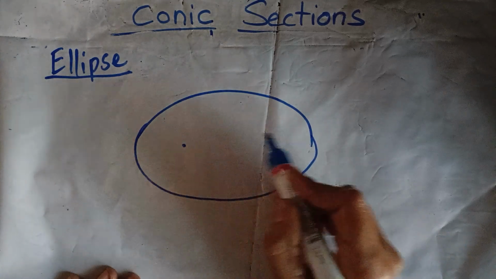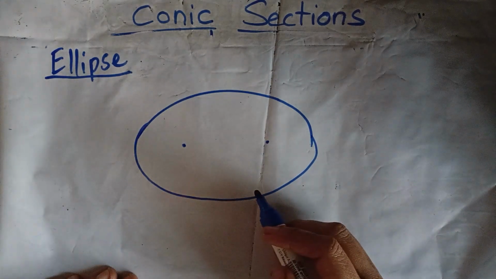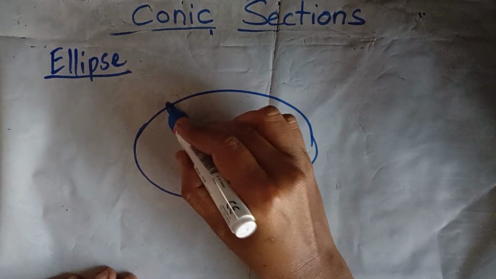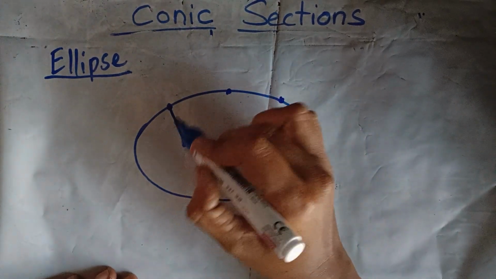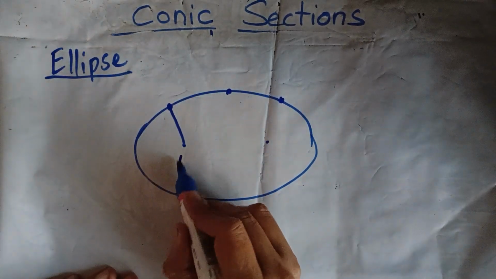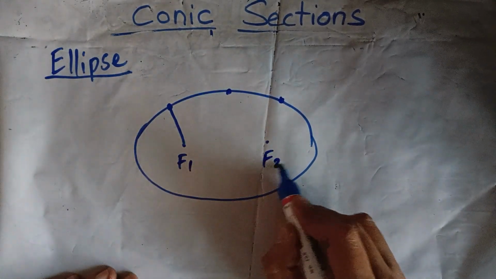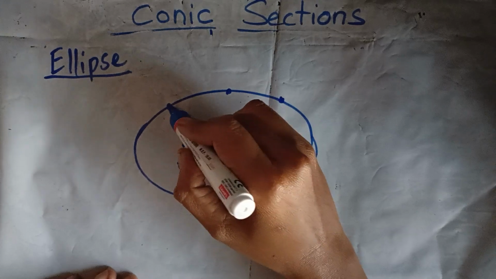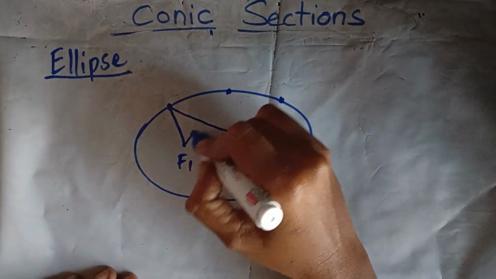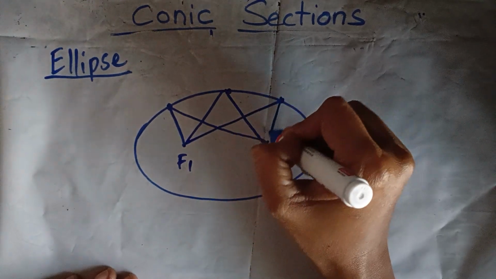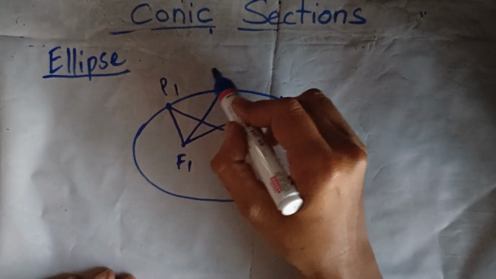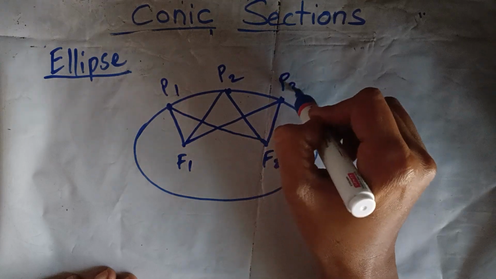There are two fixed points. And we have some points here also on the ellipse. Suppose these points are F1 and F2, and this is P1, P2 and P3.